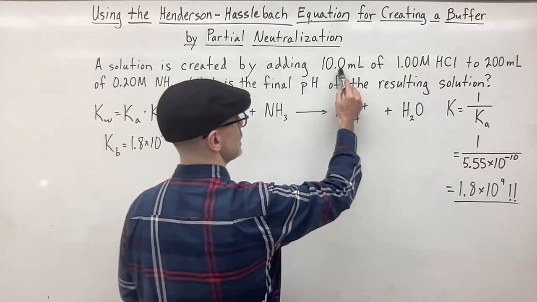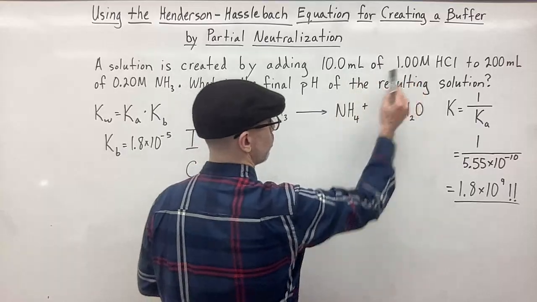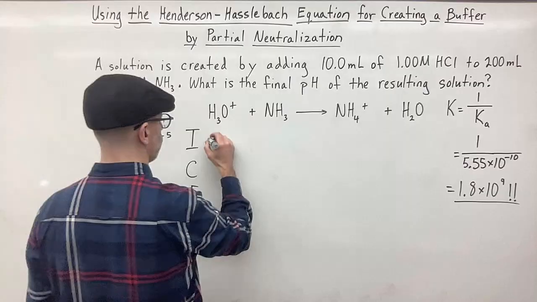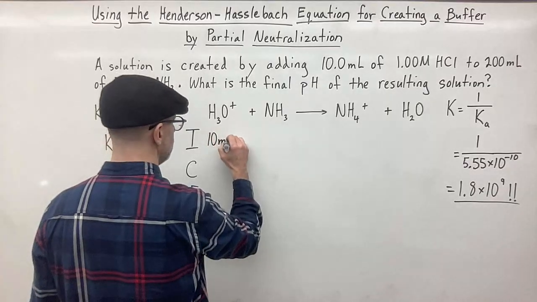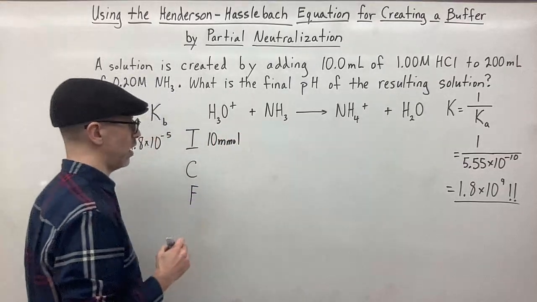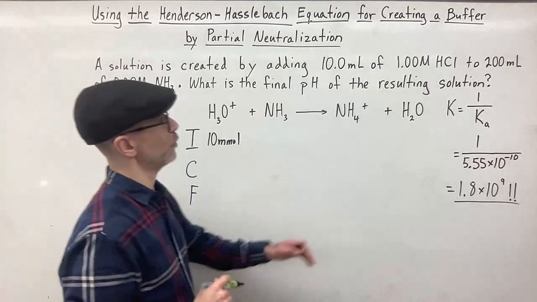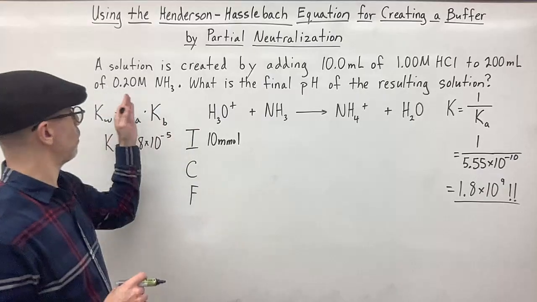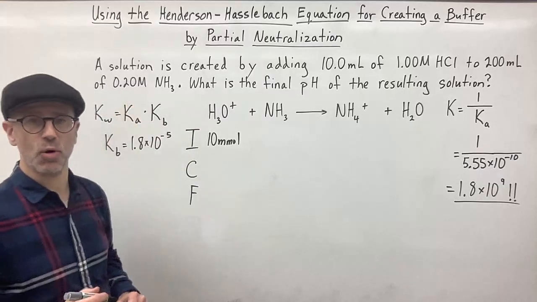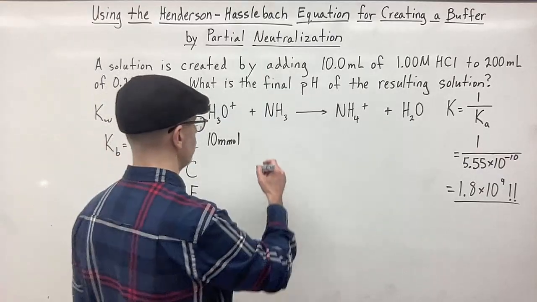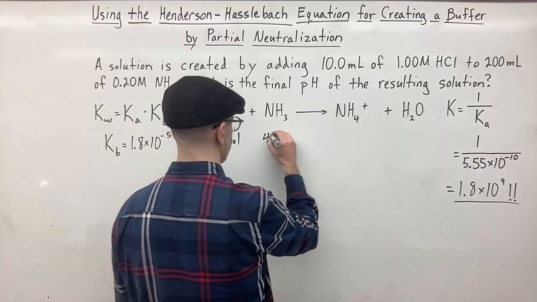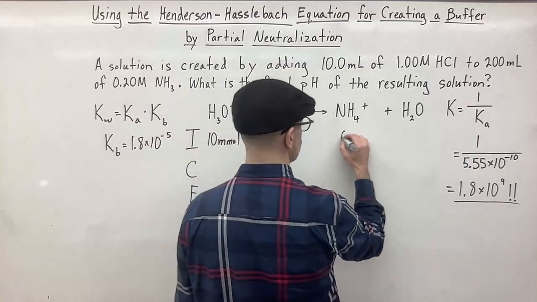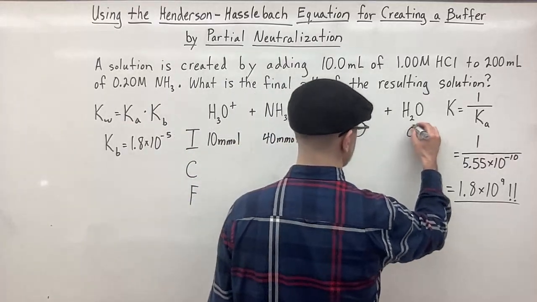So 10.0 milliliters times 1.00 molar is going to be 10 millimoles. So we're going to have 10 millimoles of our acid. And then if we have 200 milliliters, we multiply that by the molarity 0.20 molar, and we get 40 millimoles of our weak base. So we're going to have 40 millimoles here. And of course, we're starting with 0 here, 0 here.